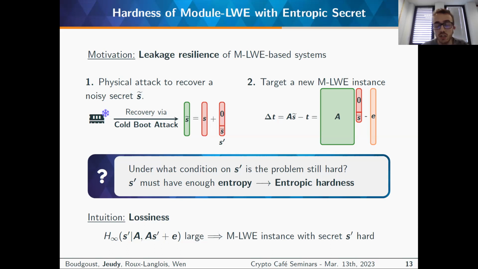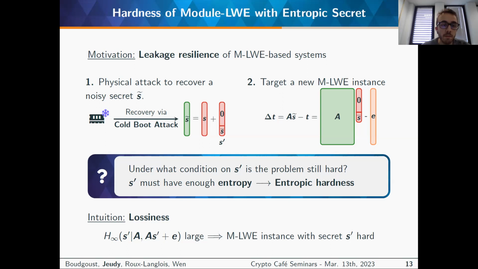But the cold boot attack leverages the physical property of this random access memory to recover some information about the secret. Typically, the idea is to lower the temperature of the physical RAM so that the volatility of the secret S is longer. It means that this long-term secret key stays longer in RAM, which allows the attacker to have more time to recover this S prime.